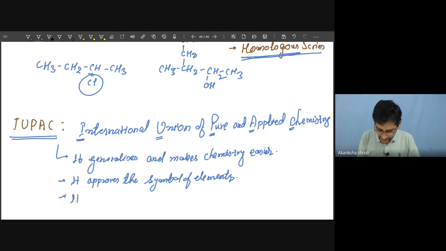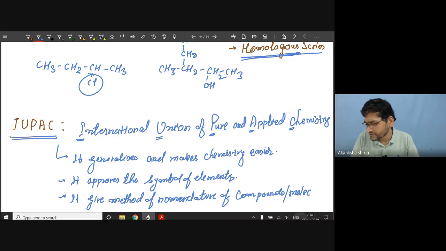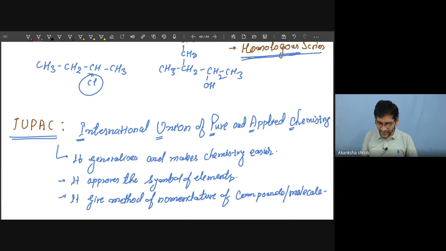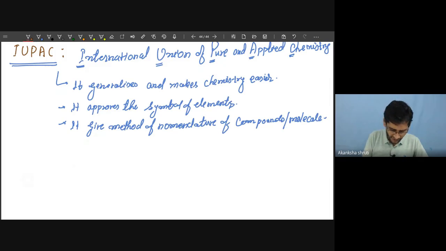It also gives the method of nomenclature. Nomenclature means giving the name, of molecules or compounds. So here we have to learn about the IUPAC nomenclature of organic compounds.